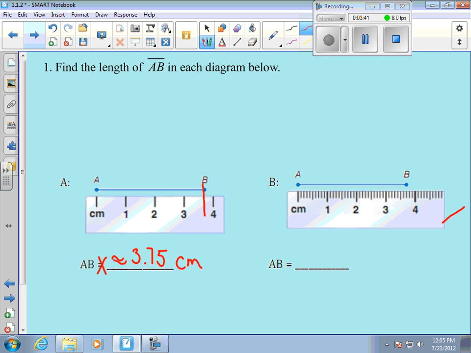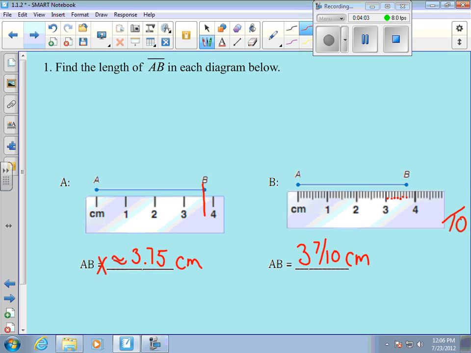So we're going to say that our centimeter is broken down into 10, and so we can count and make this a fraction. So if we count again, we have 3 full centimeters. And if we count, we have 1, 2, 3, 4, 5, 6, 7. The little dot ends above 7 out of 10 centimeters.